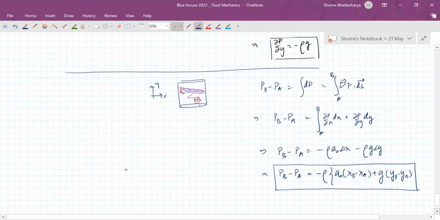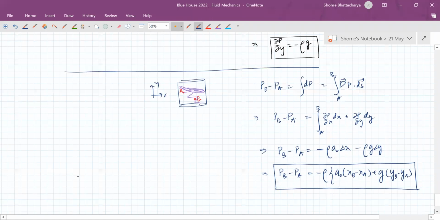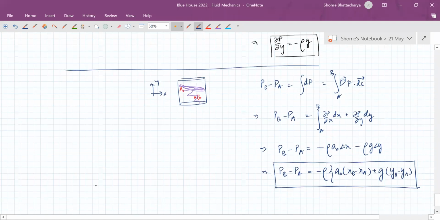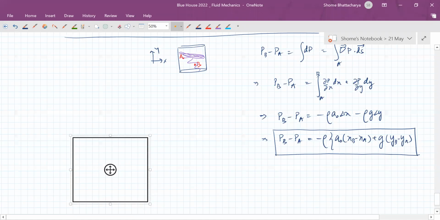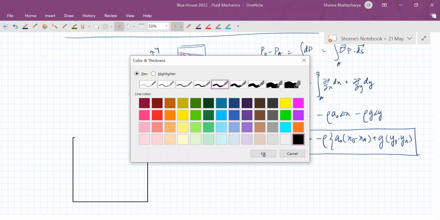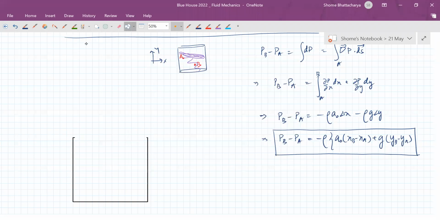So from this, we can also observe another interesting fact that if you look at the surface of the liquid, as discussed earlier, it's going to be inclined. So you can find the angle of inclination of the surface. And not surprisingly, it's going to be tan inverse of A by G. So first of all, we can show that the surface will have a uniform slope.